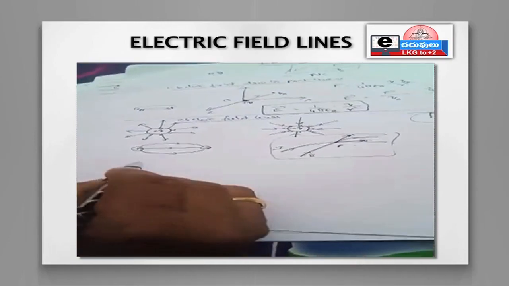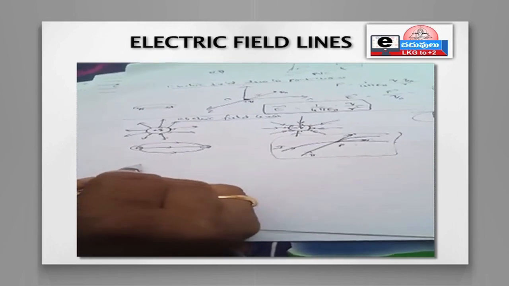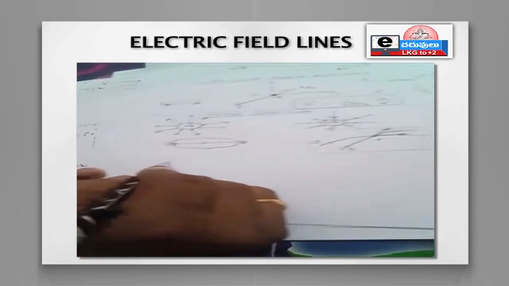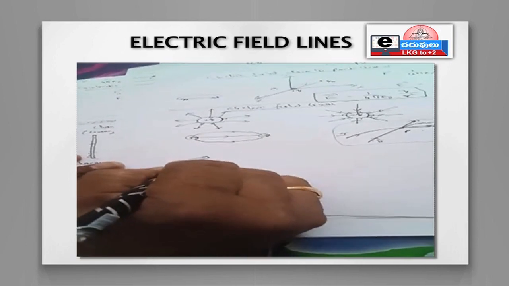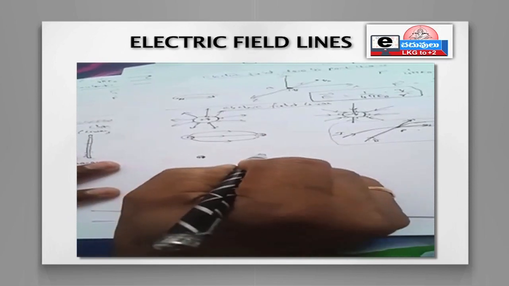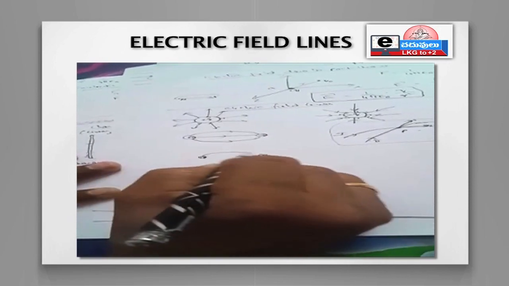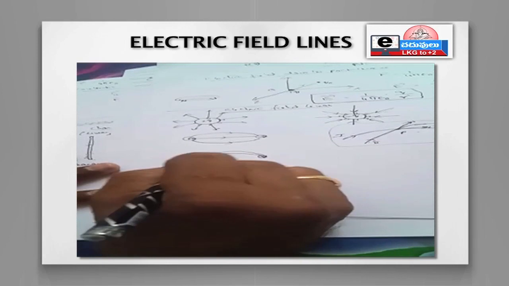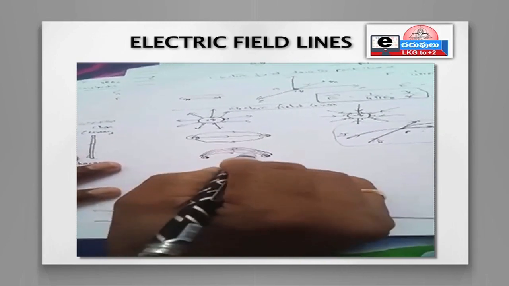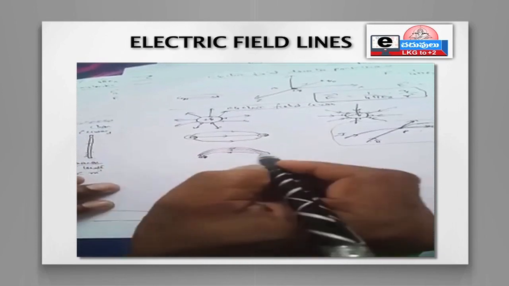Then the next one: these electric field lines, when you take a positive charge, I am taking here, and a very small negative one I have drawn. Suppose I am showing the electric field lines like this way. The more the number of lines I show, the more is the strength of the field.